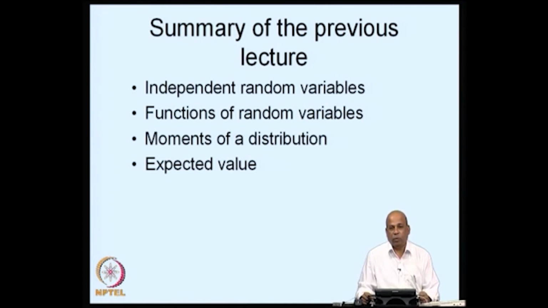Then we went on to consider functions of two random variables: given f of x comma y, the joint density function of x and y, how to compute the joint density of u comma v, where u and v are functions of x and y. They are continuous functions and we have seen the examples for continuous functions.